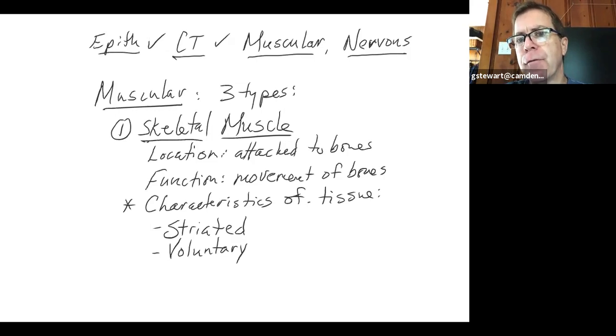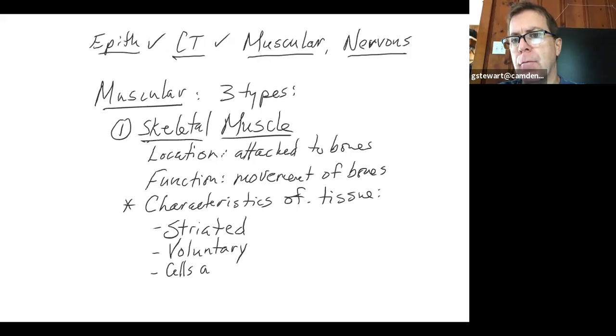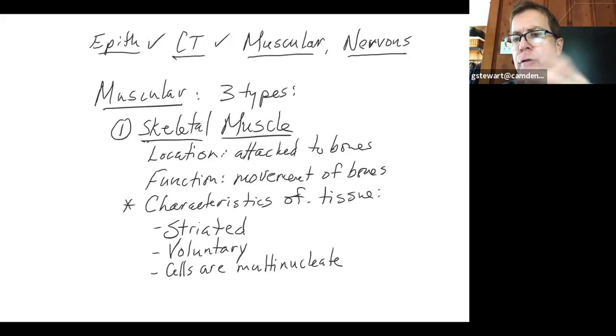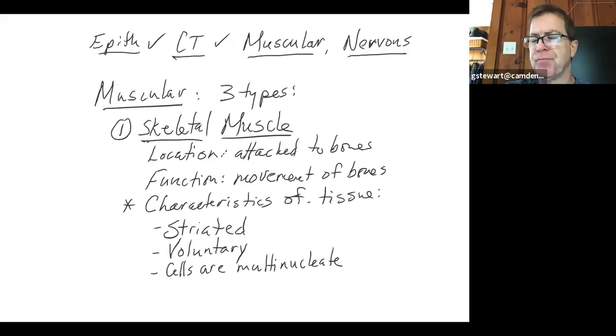The cells in skeletal muscle tissue are multinucleate. You'll find out why that is when we study muscle tissue. So there's more than one nucleus per cell, per mature cell. I'm going to leave it there.